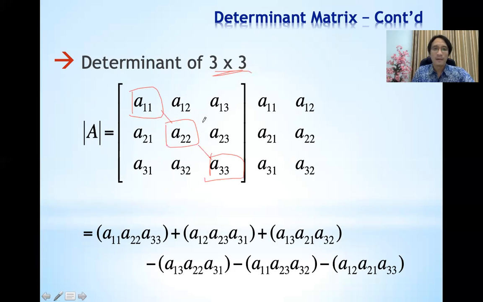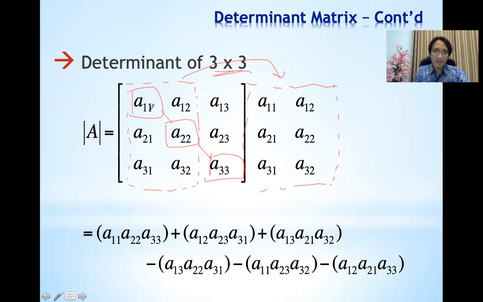So if we have a matrix A, then you can write again the first two columns, to help make it easier. This is just a copy, like copying 2 columns after the third column for 3 times 3.